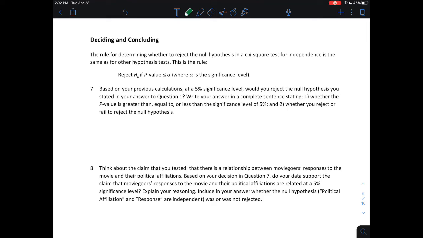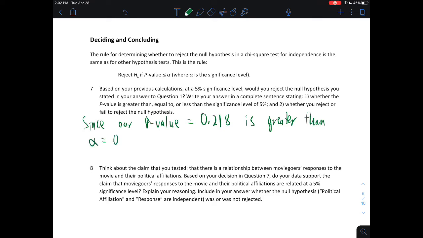So if we put this all together, since our p-value, which is 0.218, is greater than alpha, which is 5% or 0.05, what does that tell us?